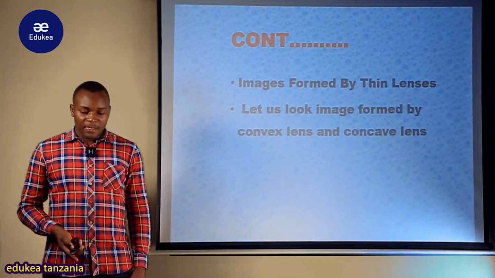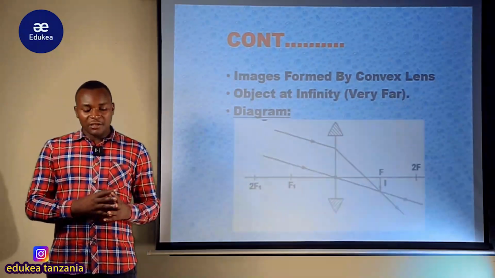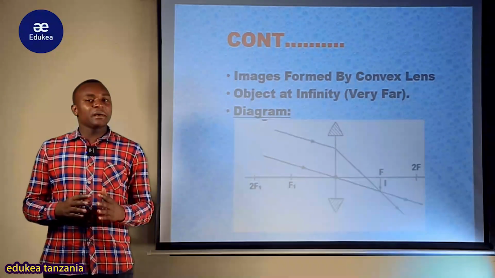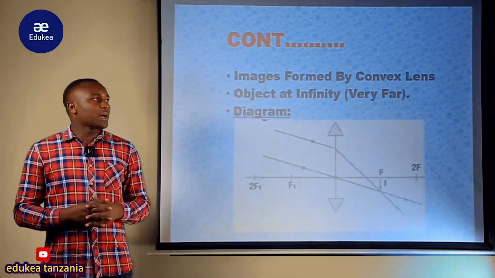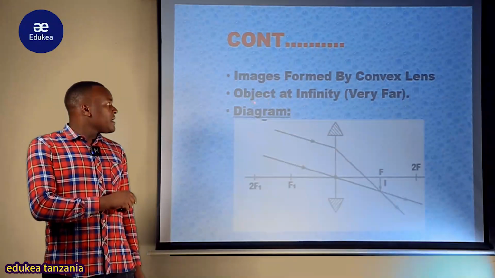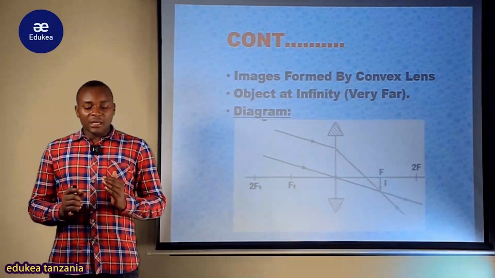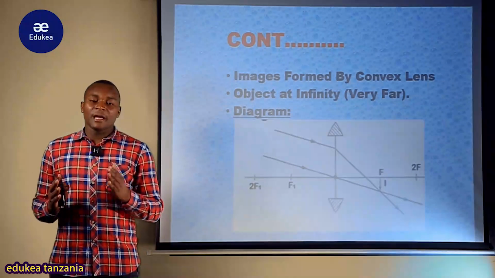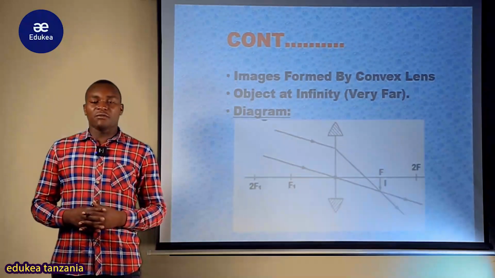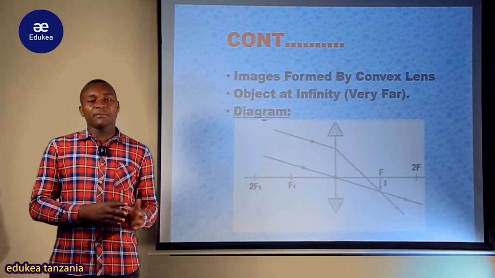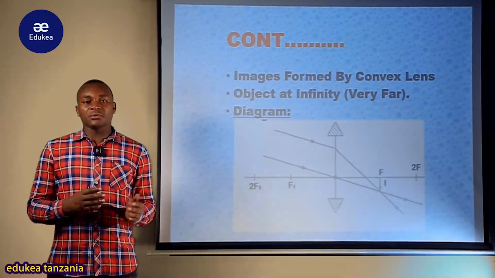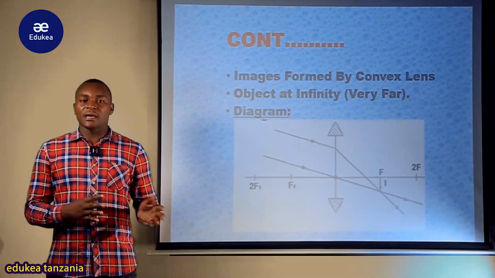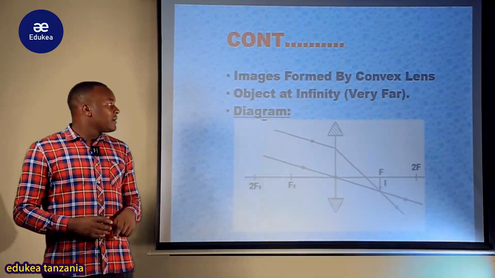Tunasema kuwa tuanze na image formed by convex lens, kwamba image formed by convex lens inakuwaje. We say that object at infinity. Tukitaka kuangalia image formed by a convex lens, lazima tuangalie katika pointi tofauti tofauti, kwa sababu tukiangalia katika point tofauti tofauti ndio tutaweza kudetermine the nature, position na size ya image inayokuwa formed.